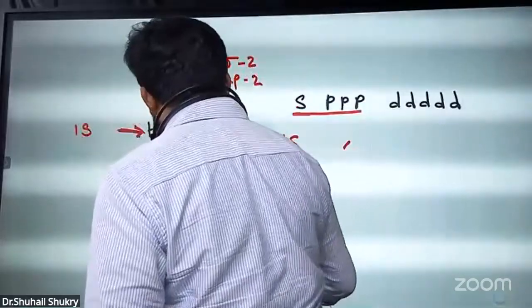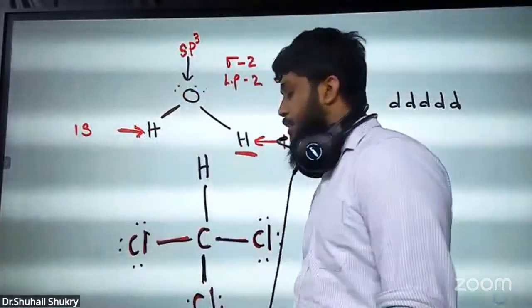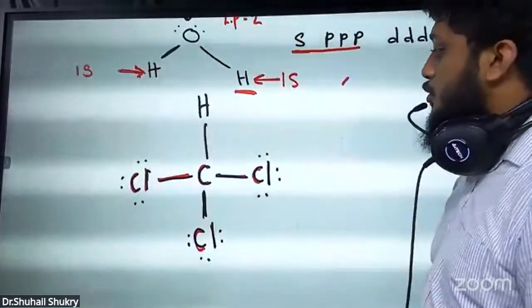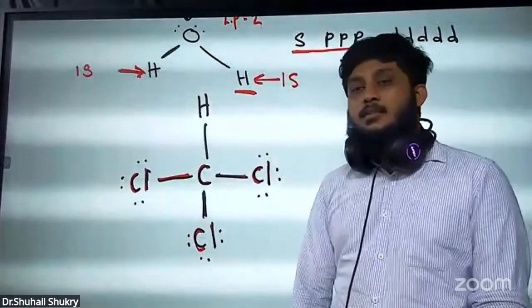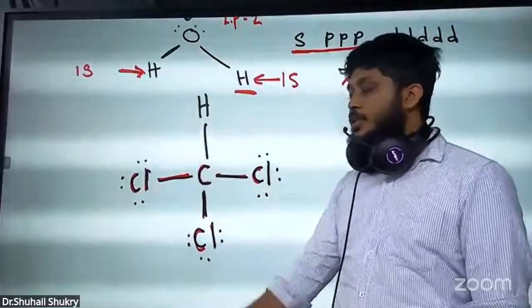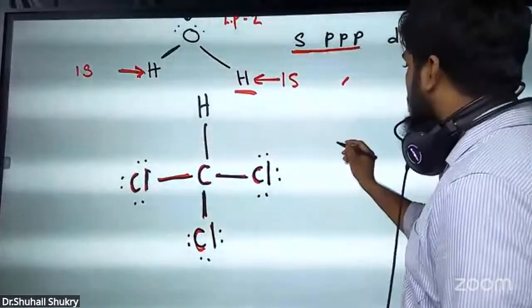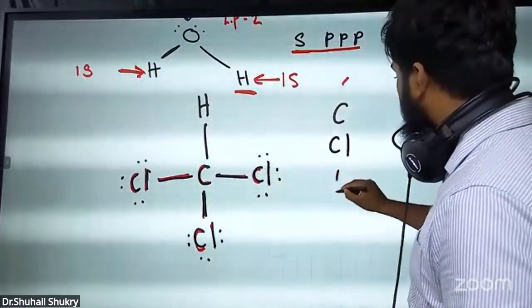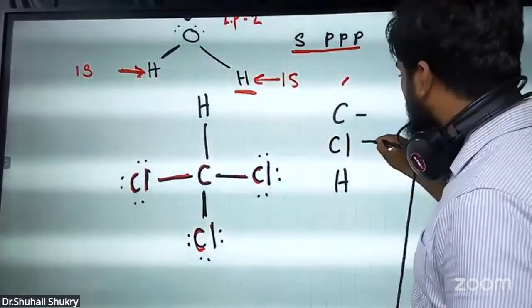First of all, you have to draw the Lewis structure, right? I'm not training you to draw Lewis structures now. That's not my part today. So for CHCl3, we'll check the atoms: carbon, chlorine, hydrogen, because all the chlorines are the same.